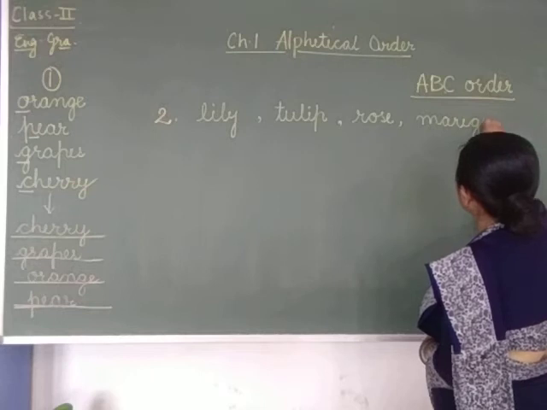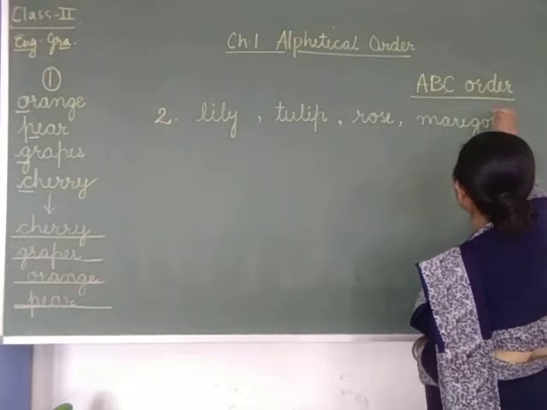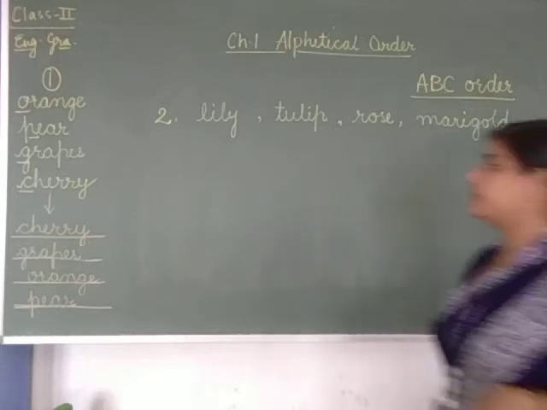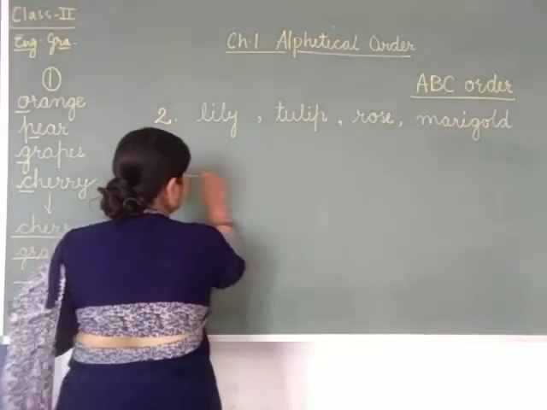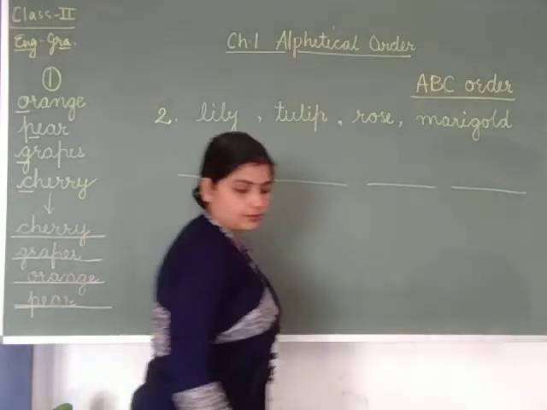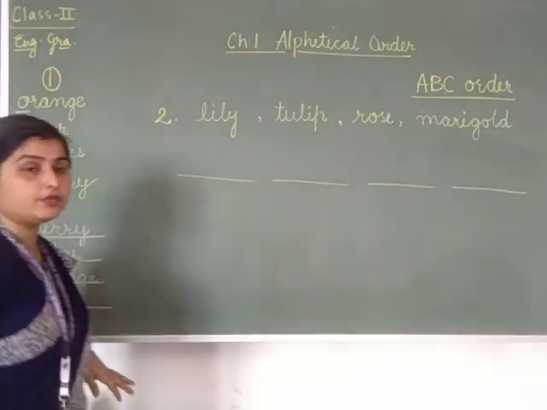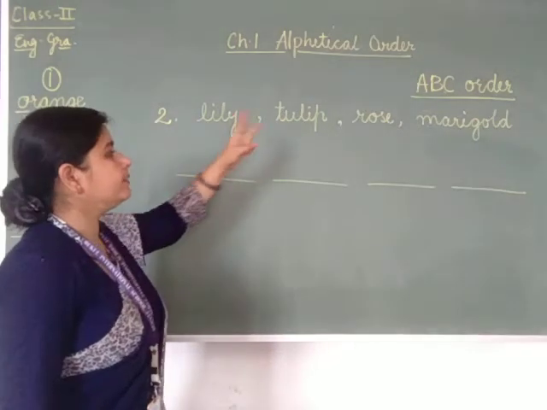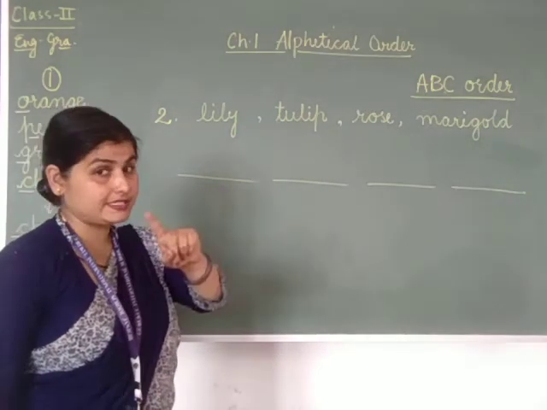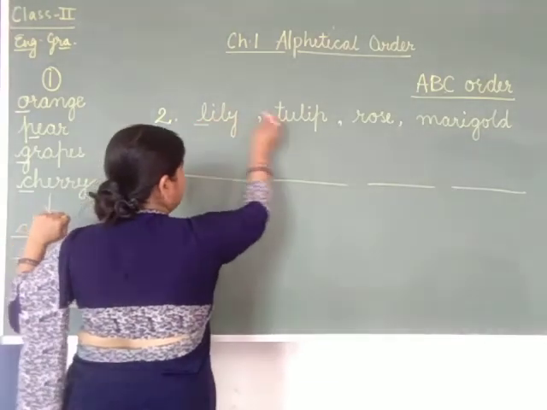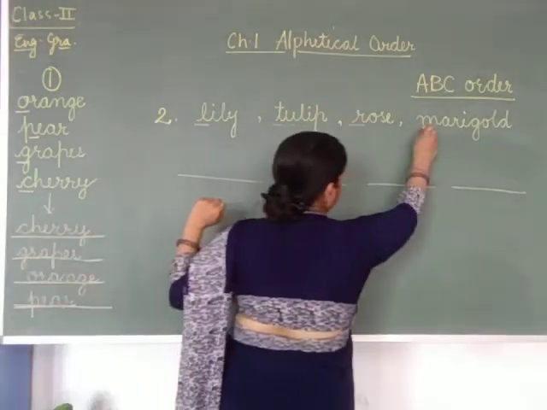I have got 4 flower names, and I need to write them in alphabetical order. That means again I have to write 4 words here, but in an alphabetical order. So what am I going to do? First you have to read all the words: lily, tulip, rose, marigold. Second step. In the second step you need to mark the first letters: L, T, R, M.